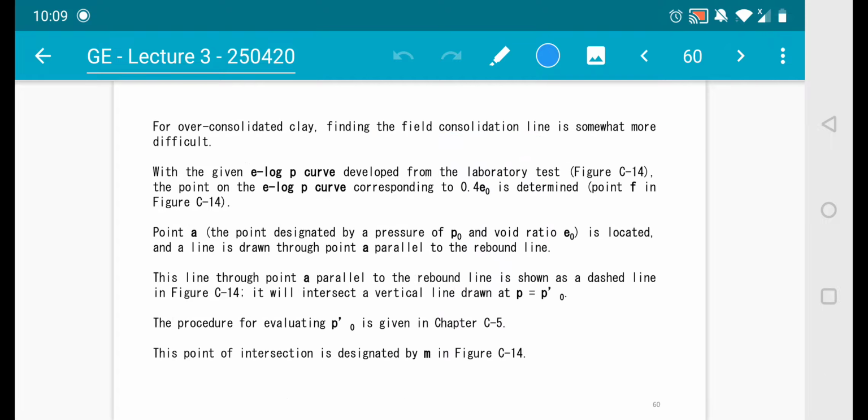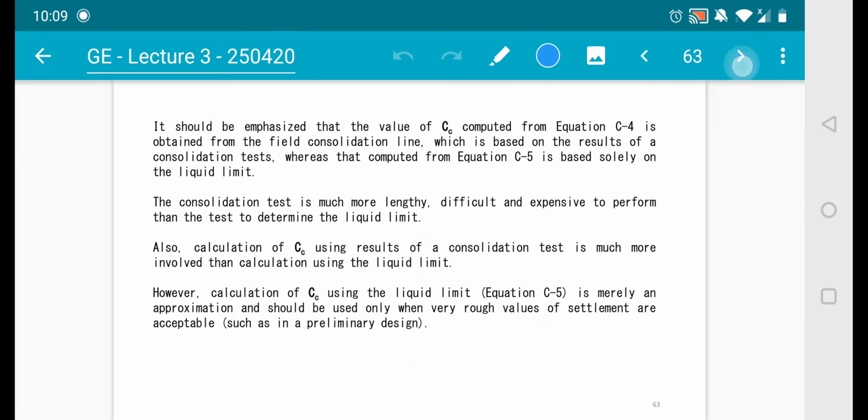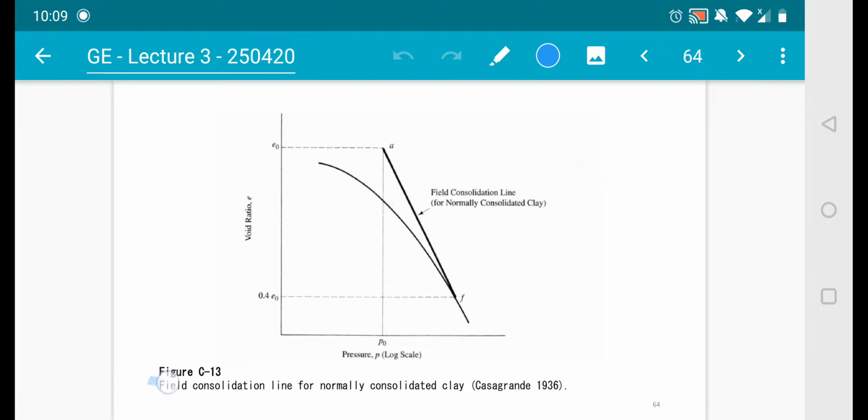Now let's look at C13. So this is C13 and point F is here. Okay, and this is the field consolidation line for normally consolidated clay. Hope you still remember how to determine whether a clay is normally consolidated or over consolidated.